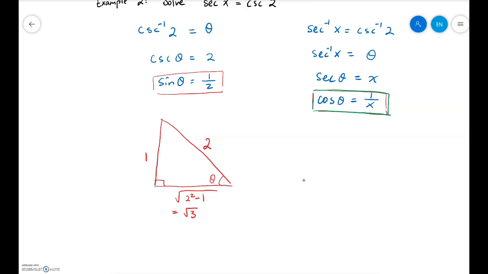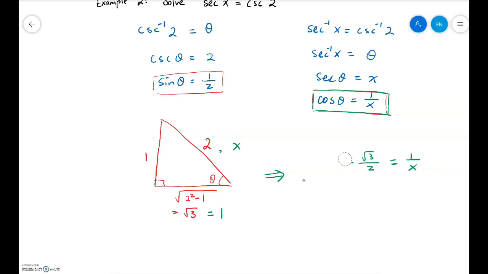Combined with what I talked about before, the third leg corresponds to 1 for cosine of theta, and the hypotenuse corresponds to x. So what I can draw from this picture is that cosine of theta equals square root of 3 over 2, which equals 1 over x.